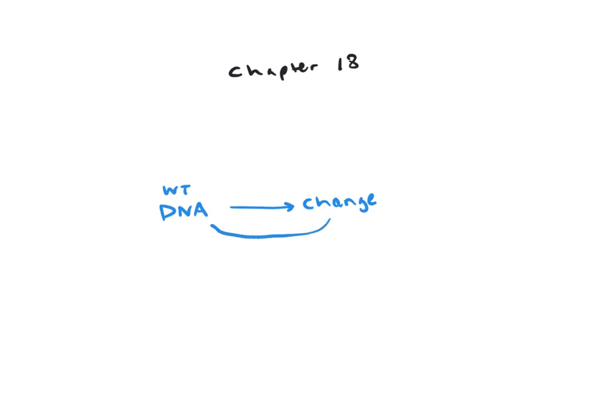Now, here's where the arms race comes in. There are lots of mechanisms or machinery that are going to try to repair that change. Now, this machinery doesn't care if that change is neutral or could potentially be a good or bad change for the cell. It's going to detect an error and try to fix it.